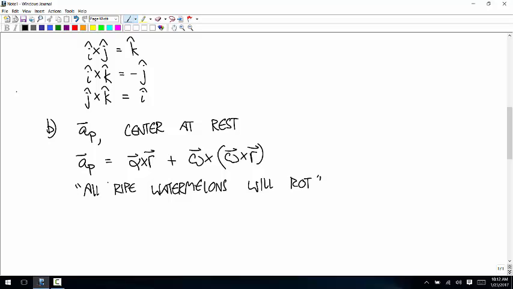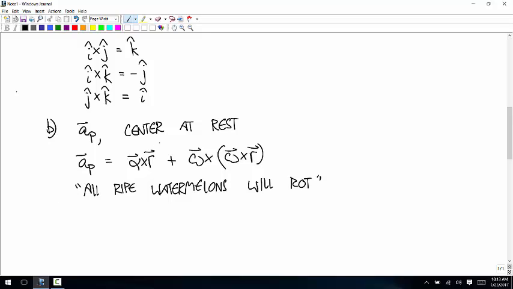What about all ripe watermelons will roll?" Will roll. That's more sort of factual, yeah. I don't know. Maybe we can test that later. Maybe we can calculate that.